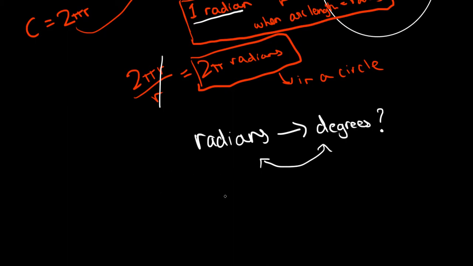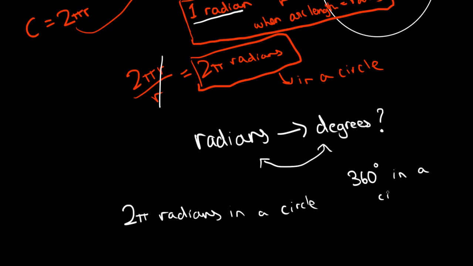Okay, so we know already that there are 2 pi radians in a circle. Nothing new. But we also know that there are 360 degrees in a circle. Okay? So we not only have 2 pi radians in a circle, we also have 360 degrees in a circle.